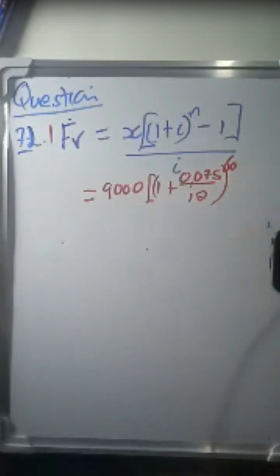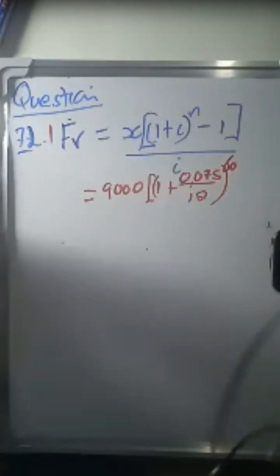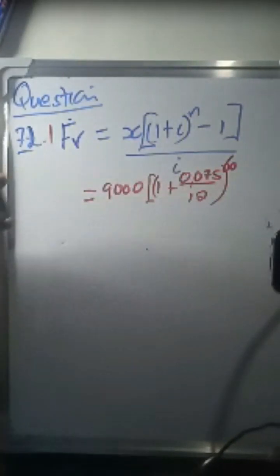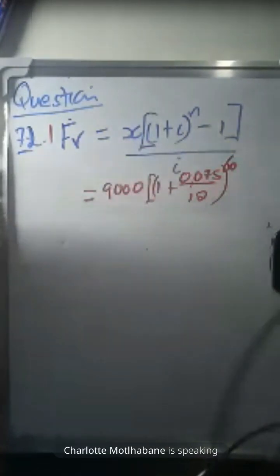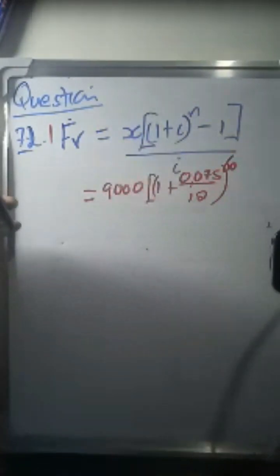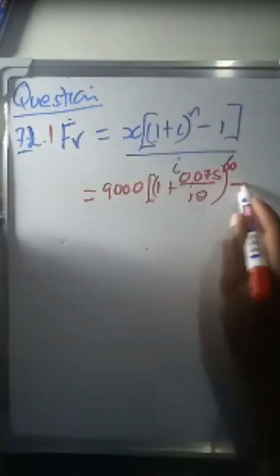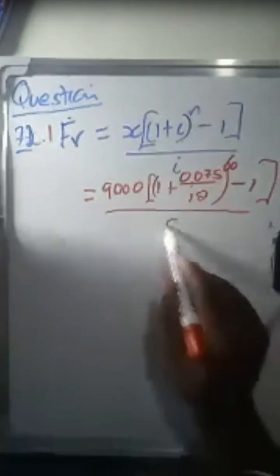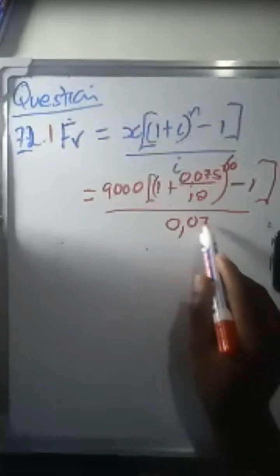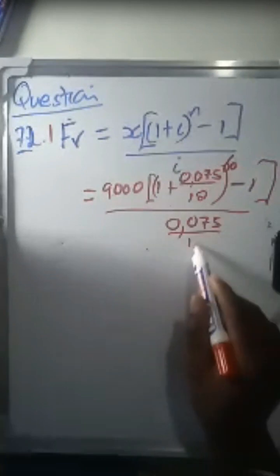So it means 60 deposits. How many years? 60 divided by 12, it's 5 years. Minus 1, over 0.075 over 12.